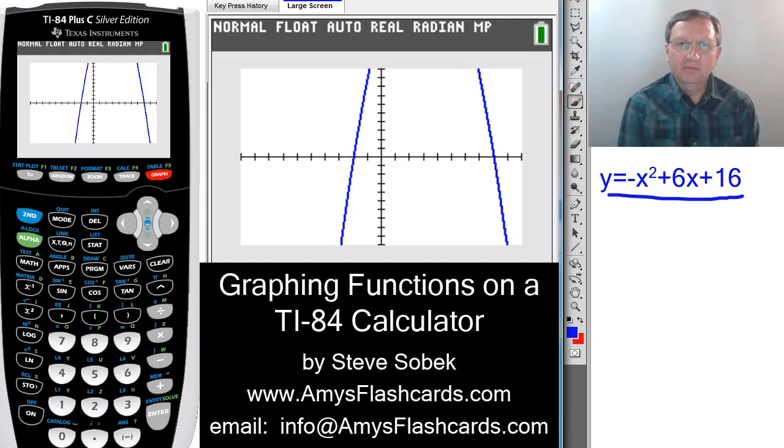And some students might look at that graph and say, whoa, we typed in one function and yet it looks like there's two functions here. This line here and this line here. But those who've already covered quadratic functions in their math class know that a quadratic function is not a straight line. The shape of a quadratic function is a parabola.